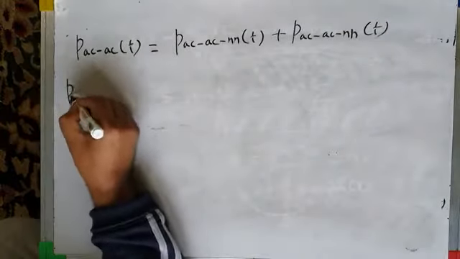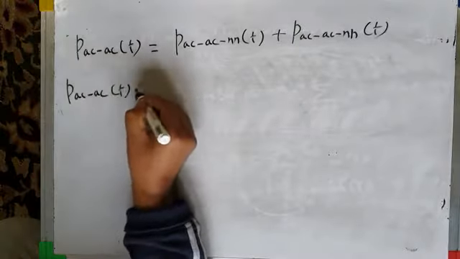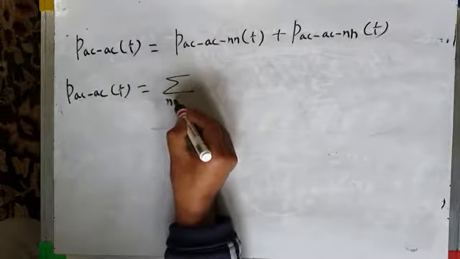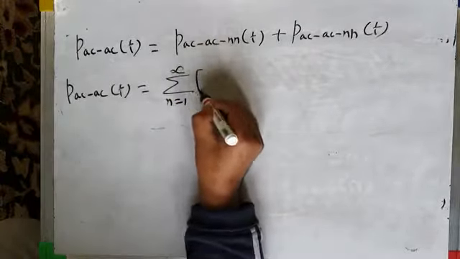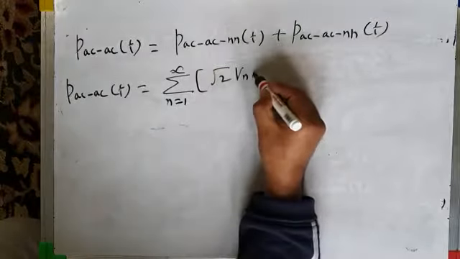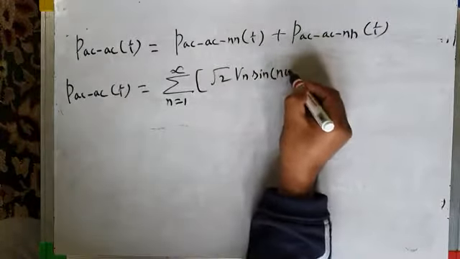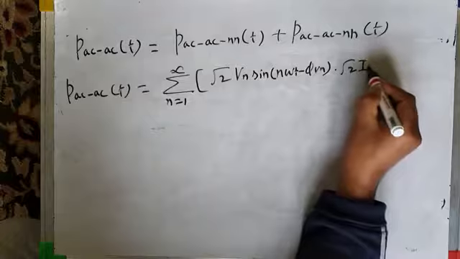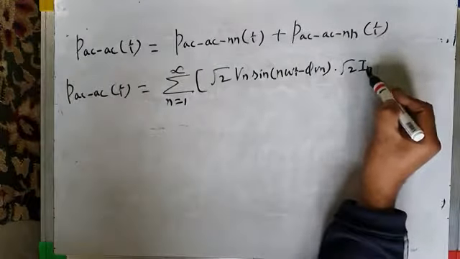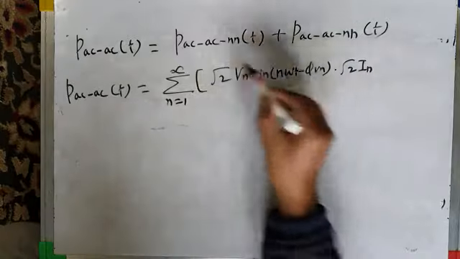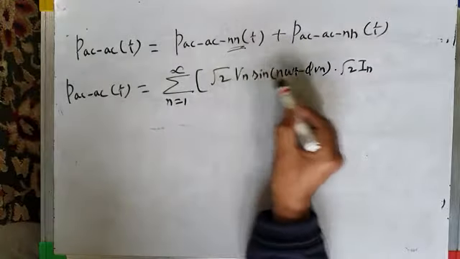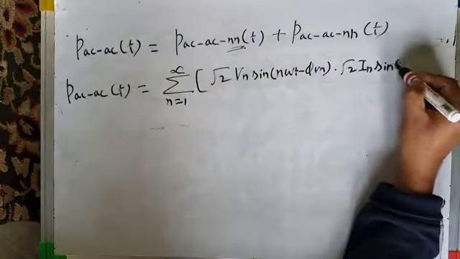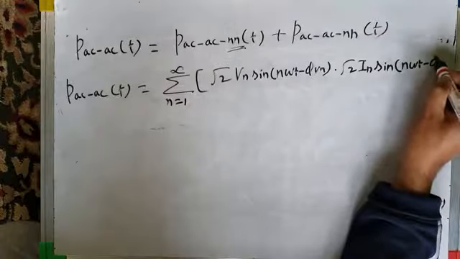So P_AC-AC(t) is equal to, let us take similar frequency terms first, summation n equal to 1 to infinity root 2 Vn sine of n omega t minus phi Vn, into root 2 In. So for current you also have to take n, similar frequency terms, n for voltage and for current. So this is root 2 In sine of n omega t minus phi In.